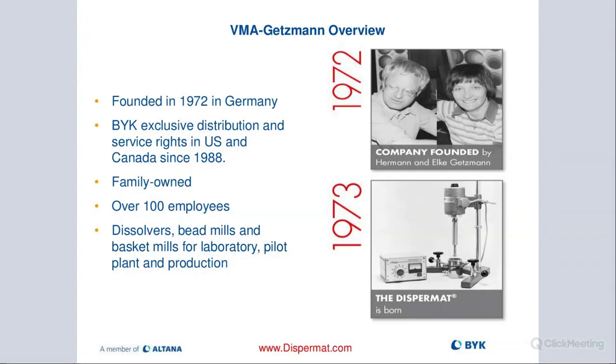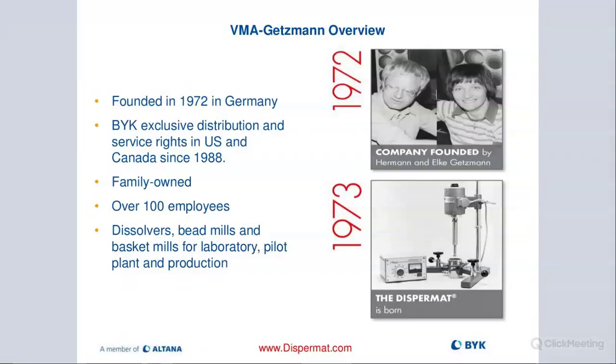So with that, the company BMA is actually the manufacturer of the dispermat. So they own the brand name Dispermat. The company was founded in 1972, so just over 50 years ago, by Herman Goetzman, his beautiful wife up there. So they are still alive.